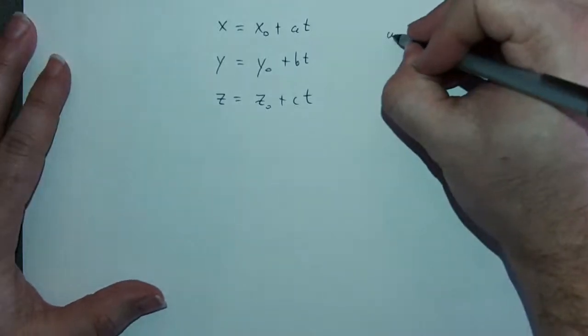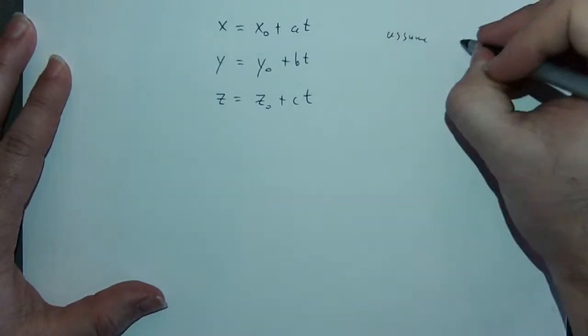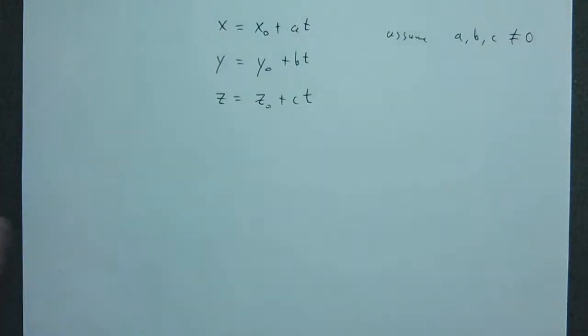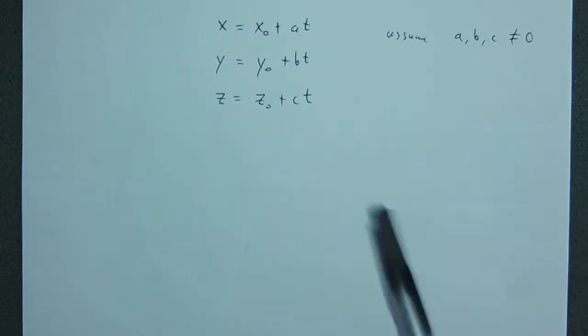So I'm going to assume, firstly, that A, B, and C are all non-zero. This isn't always the case. Sometimes the info that you're given has one or more of these equal to 0. We'll see what happens in that case. But for now, let's assume that none of them are 0.